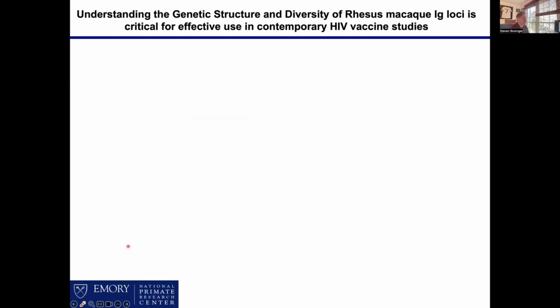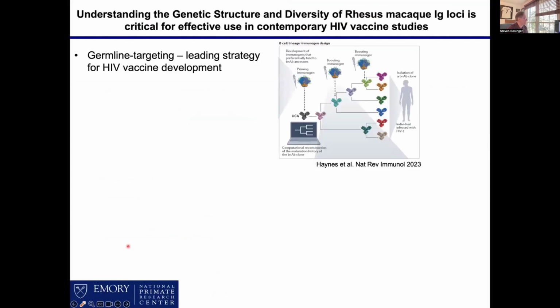why would the genetics of this notoriously complex loci that's very hard to study be relevant for HIV vaccines? And that is largely because the current best candidates we have for HIV vaccines are very different from those for conventional vaccines. With most vaccines, you don't particularly pay much interest or have a goal to try and target germline immunoglobulin alleles.